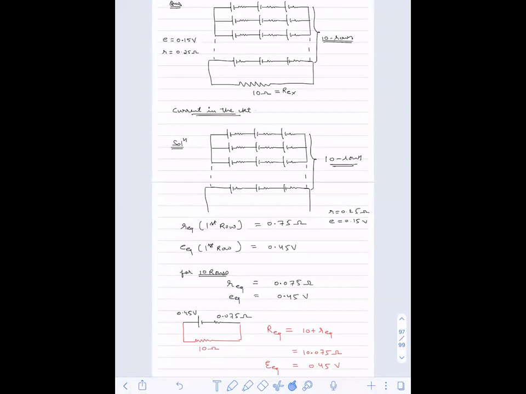Y equivalent and is ME for the series and parallel combination. Okay, let us see now.